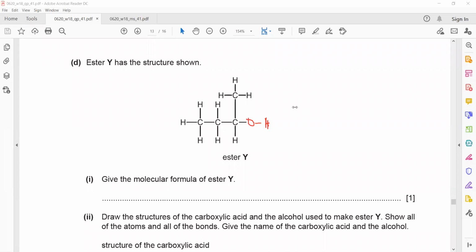It is butan-2-ol. Why is it butan-2-ol? Because the OH is attached to the second carbon. It is but, with a single bond, an, and the second is the position of the OH, that's why it is butan-2-ol.